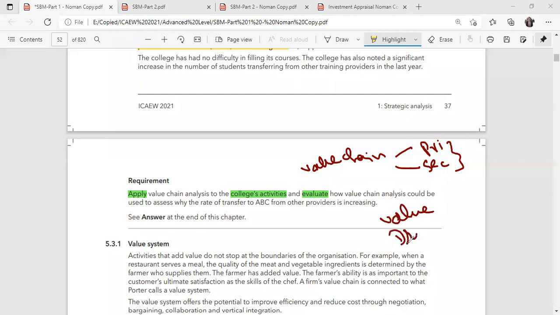If you talk about our exams, particularly the ICAEW advanced level exam, the examiner does not mention, for example, if there are three requirements, requirement 1, 2, 3, how many marks each requirement or sub-requirement contains. Let's say total marks for a question are 40. Then the examiner will not mention how much you have to write for requirement 1, 2, or 3.